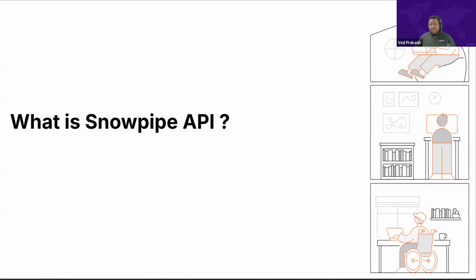With this discussion, the question comes up: what is the Snowpipe API? We're talking about Snowpipe, but how does this work? The Snowpipe API is a RESTful API that allows you to programmatically manage and control Snowpipe operations. It provides a set of endpoints for creating, monitoring, and managing data ingestion pipelines.